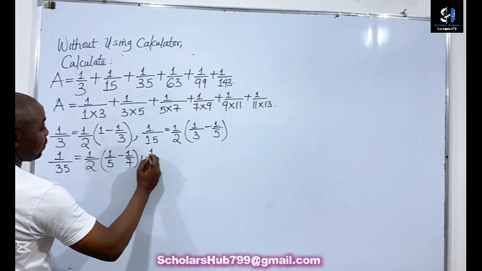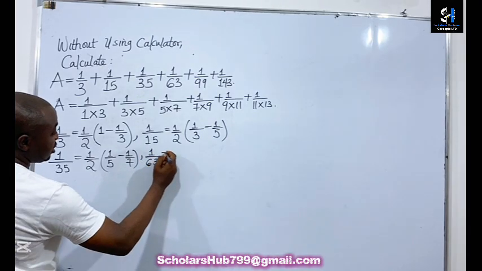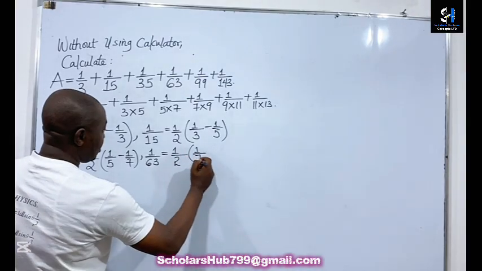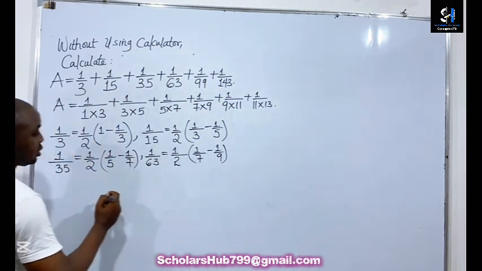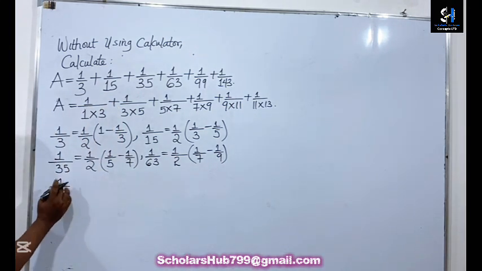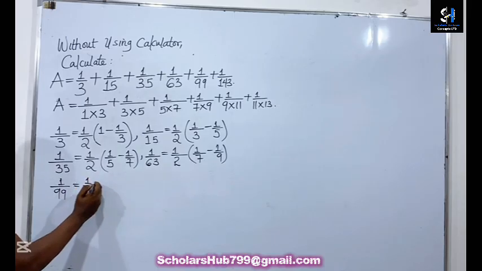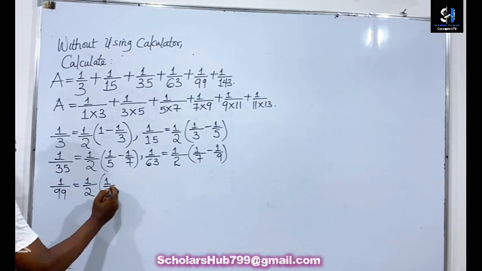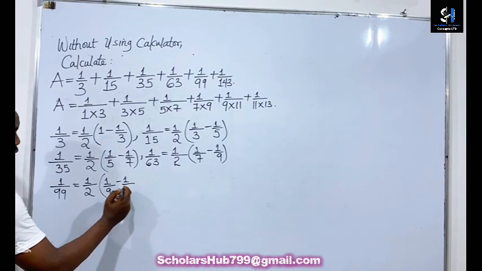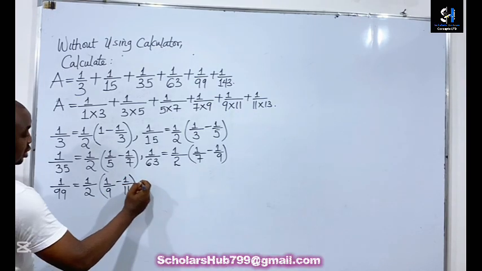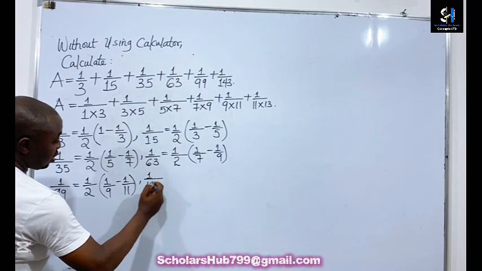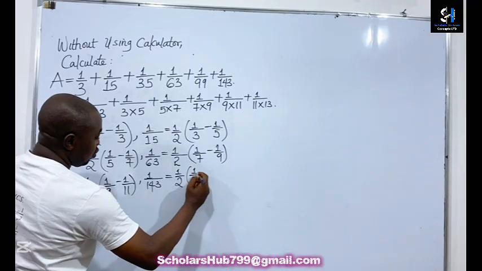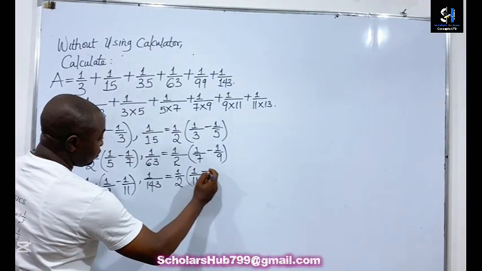For 1 over 63, it equals 1 over 2 multiplied by 1 over 7 minus 1 over 9. For 1 over 99, it is 1 over 2 times 1 over 9 minus 1 over 11. The last one, 1 over 143, is 1 over 2 multiplied by 1 over 11 minus 1 over 13.